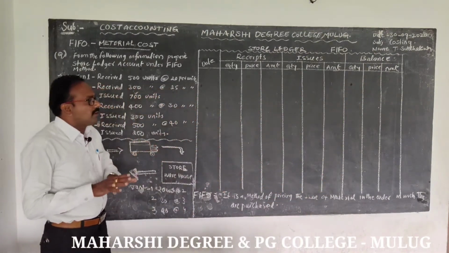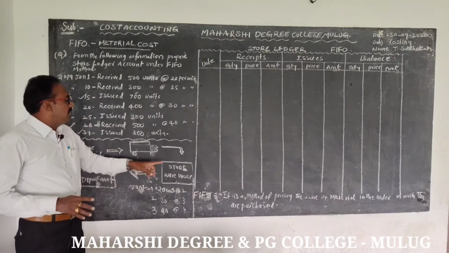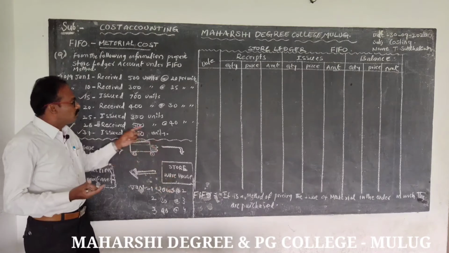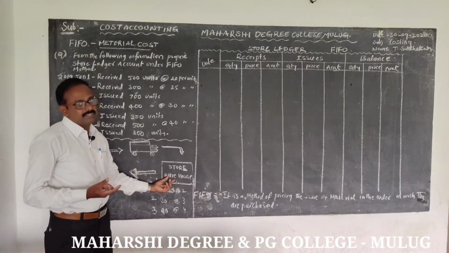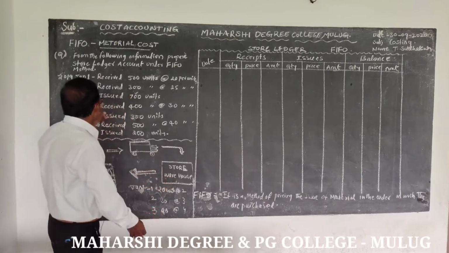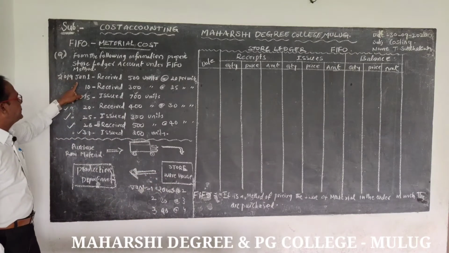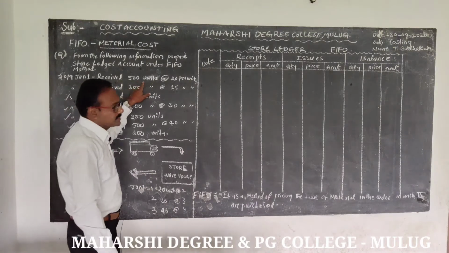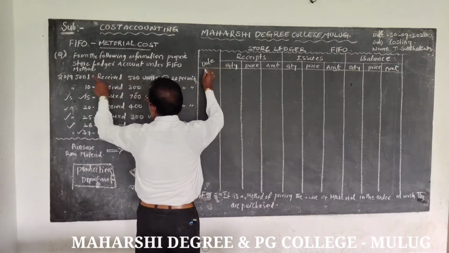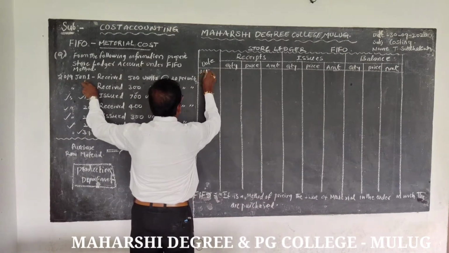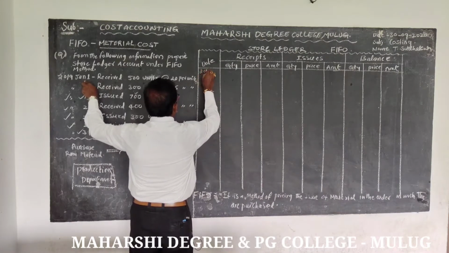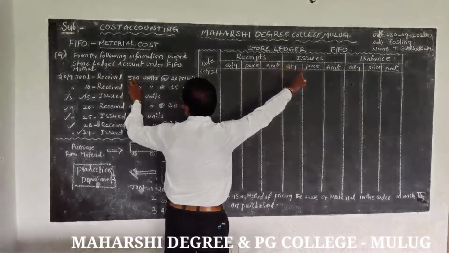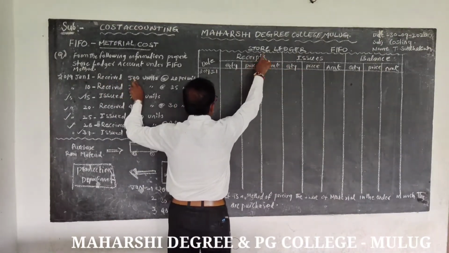The balance column shows the total balance of material in the store, which amount and which quantity. So first, the balance as of 1st January 2019: receipts of 500 units. In the date column, 2019 January 1st is entered in the receipt column, that is purchase or receipts.